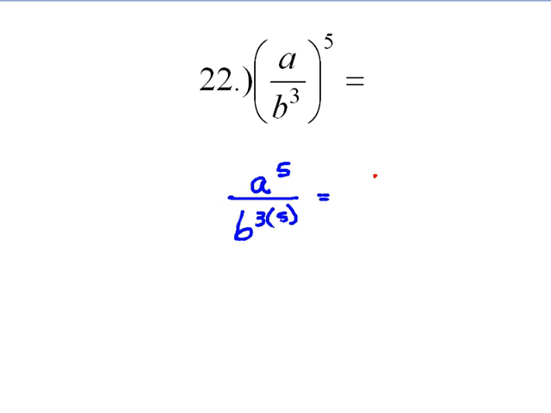So what we end up with is a to the 5th over b to the 15th. So far, so good? Okay, let's erase this. Get to our next problem.